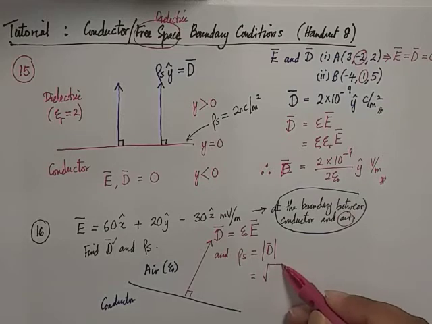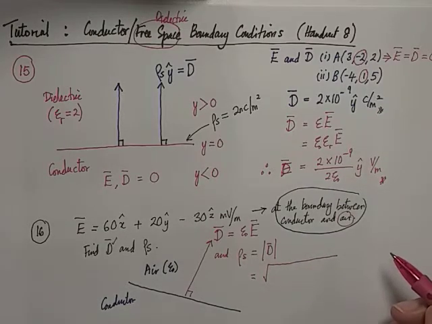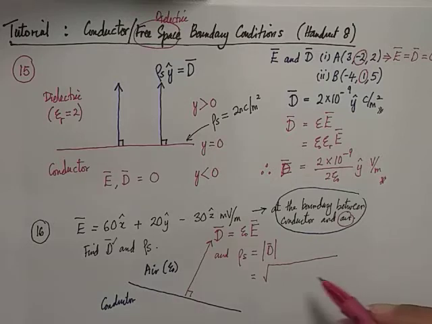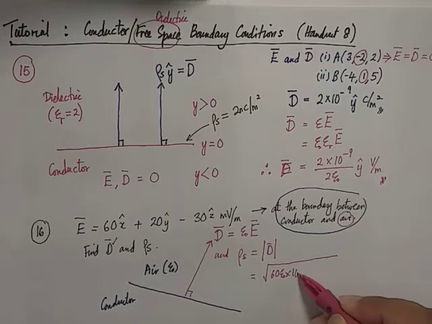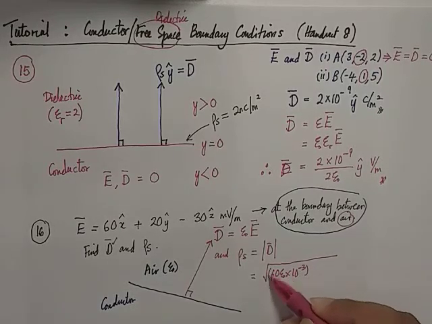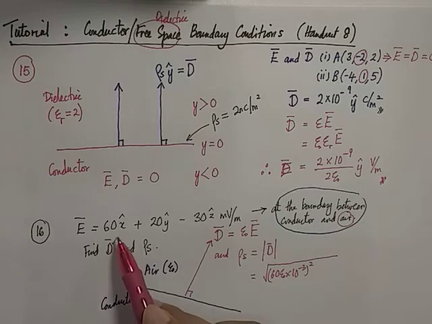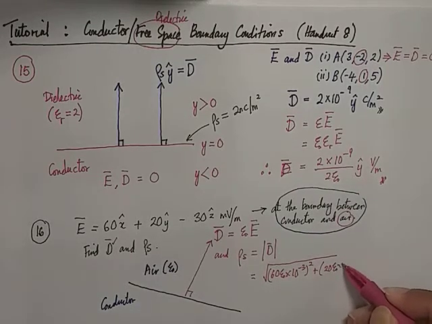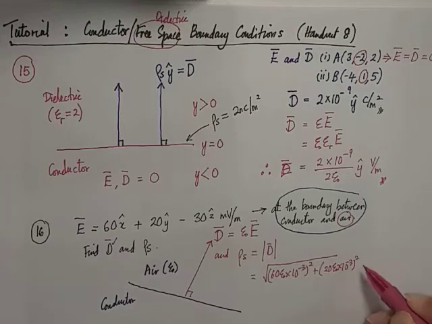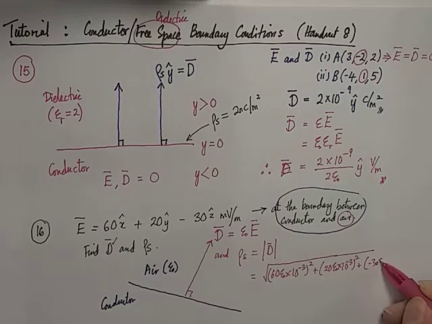Simply do as we did in handout number 1 when we learned about vectors. It should be the square root of 60 epsilon naught times 10 to minus 3 squared, that is the X component of D, plus 20 epsilon naught times 10 to minus 3 squared, that is the Y component, and finally plus negative 30 epsilon naught times 10 to the minus 3 squared.